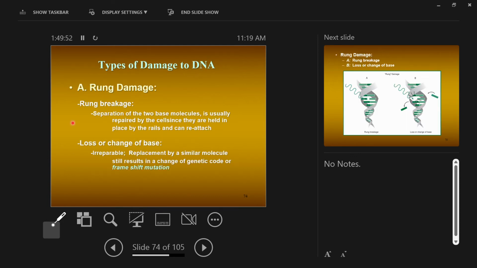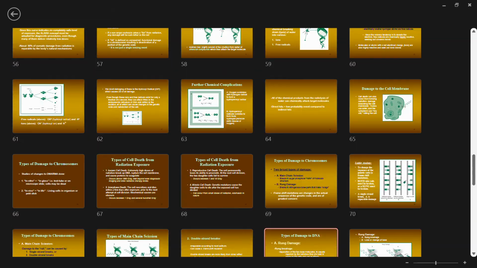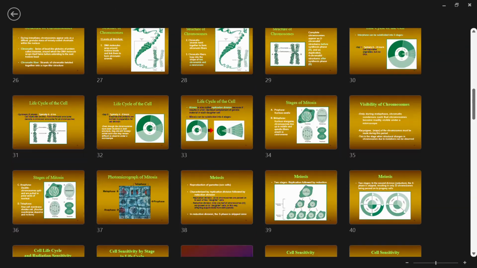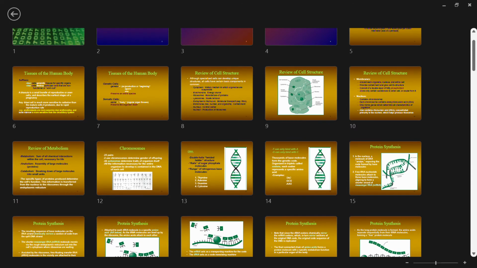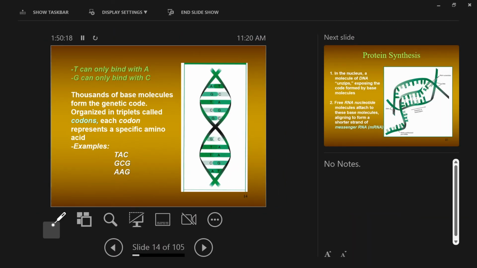Rung damage, rung breakage, separation of the two base molecules can be repaired, because they're held in place. If you break one side, the other side is still there. Let's jump back here. Thymine can only bond with adenine.